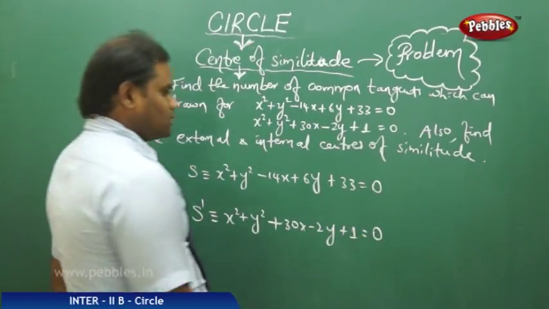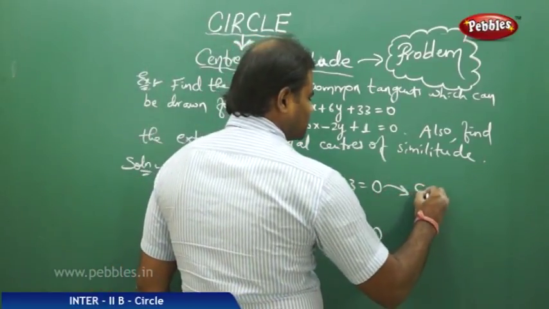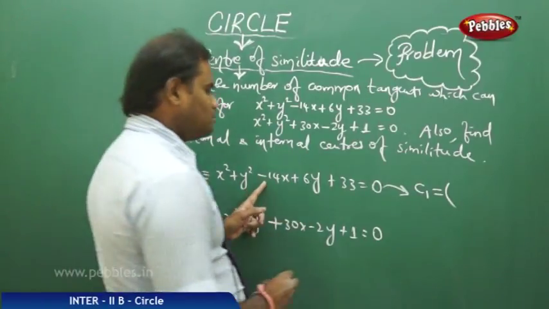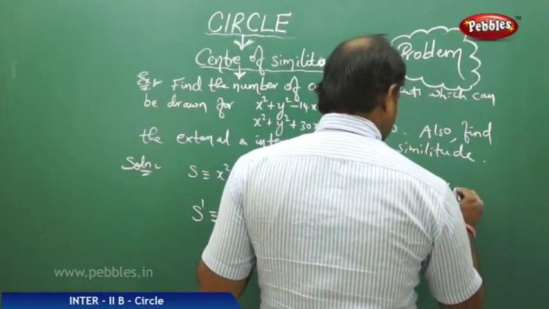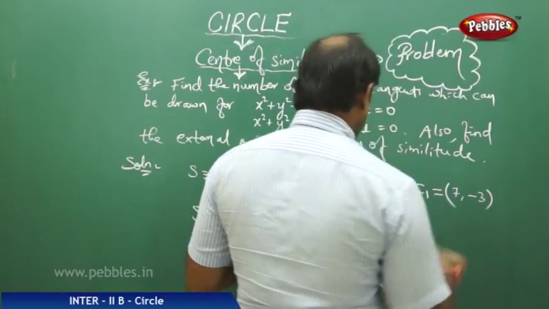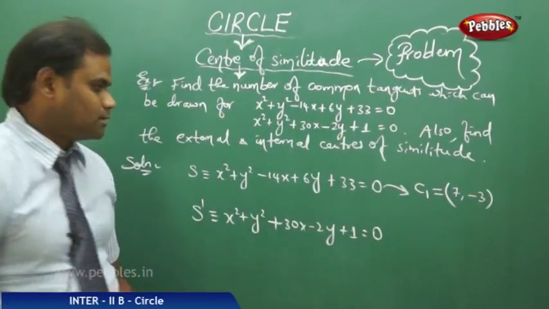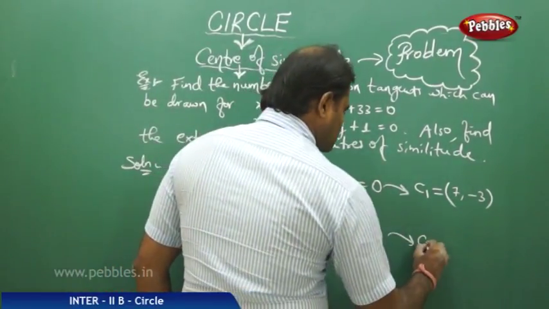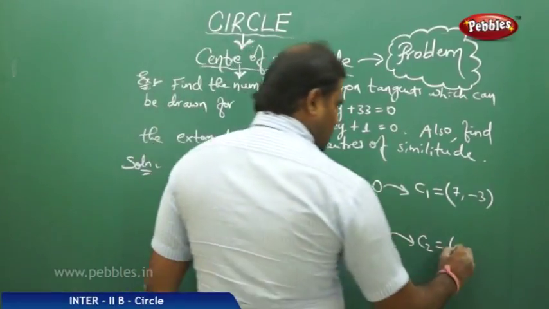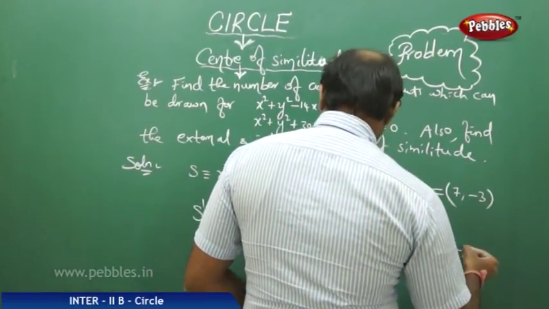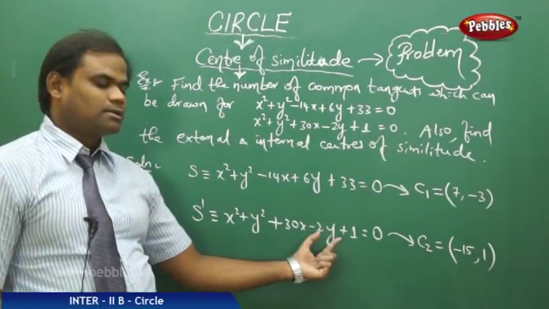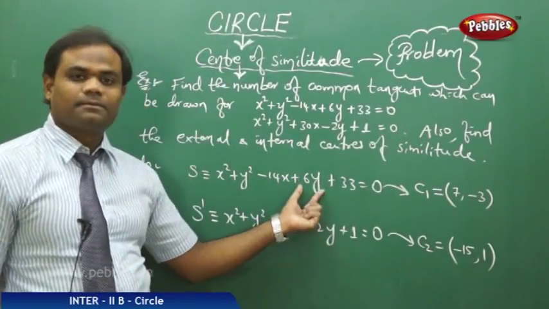Now clearly the center of this circle, if I denote by C1, is (minus g, minus f), which is (7, minus 3), and the center of this circle, denoted by C2, is minus g, which is minus 15, and minus f, which is 1, extracted from 2gx and 2fy.